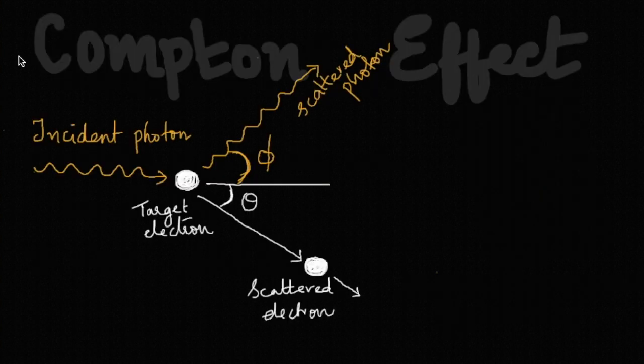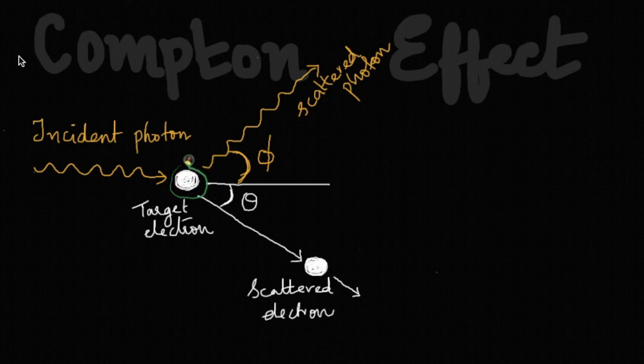Let's now try to visualize the Compton effect, which is the interaction between an incident photon and a target electron at rest. Here, the incident photon is represented in yellow line and the target electron is at rest.